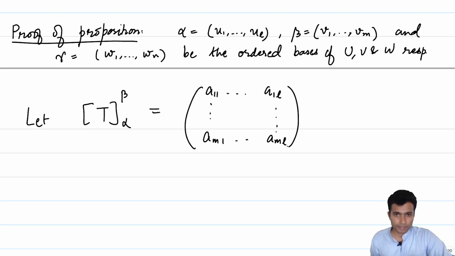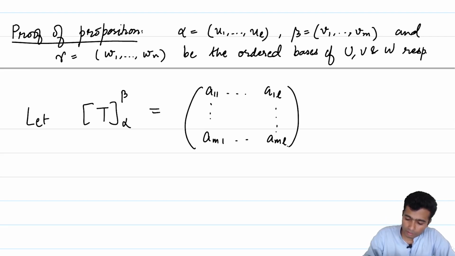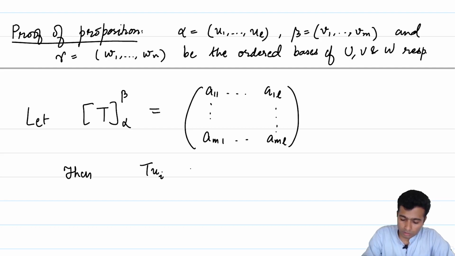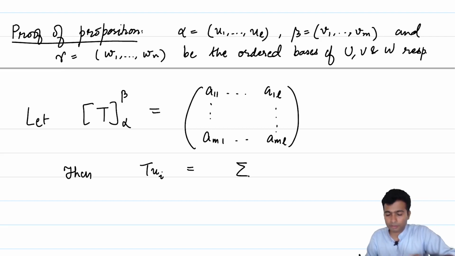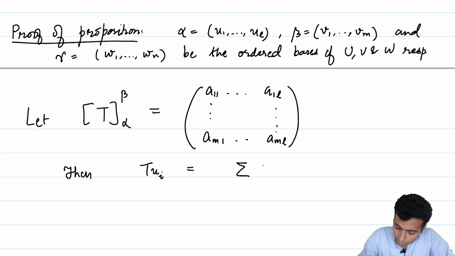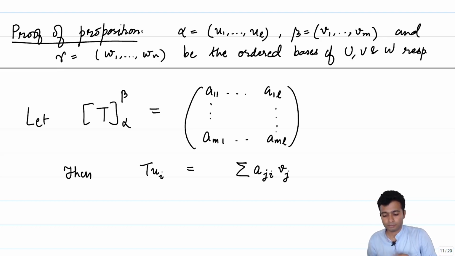Let this be the matrix of T. Then we can write in compact notation T u_i is equal to, that will be the ith column there, summation A_ji v_j, right?